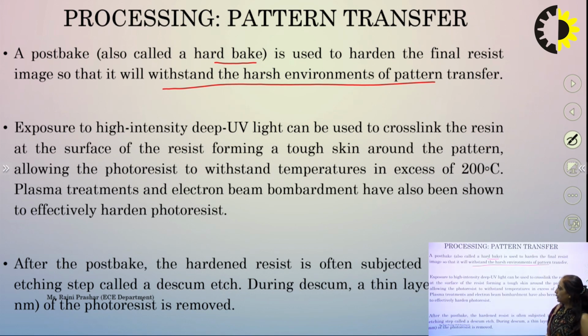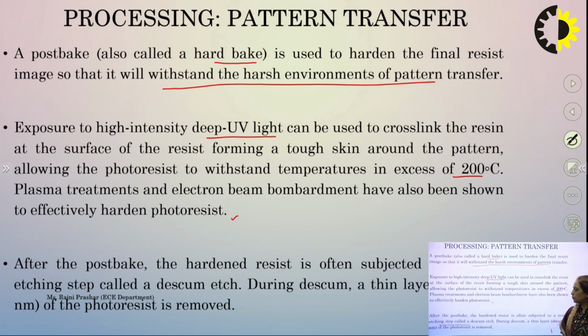Next, it is exposed to high intensity deep UV light that can be used to cross link the resin at the surface of the resist, forming a tough skin around the pattern, which allows the photoresist to withstand a high temperature of 200 degrees C. Sometimes plasma treatments and electron beam bombarding are also used to harden the photoresist material.